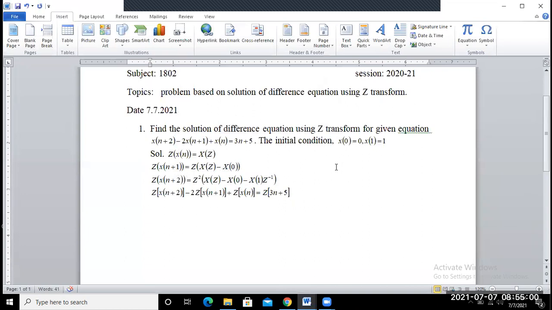So what can we write here? Put the Z transform of x(n+2), x(n+1) and x(n) in this equation. You can write z square X(z) minus z square x0 minus x1 z to the power minus 1.